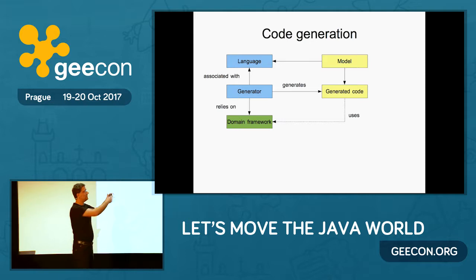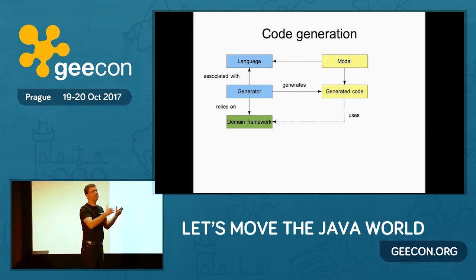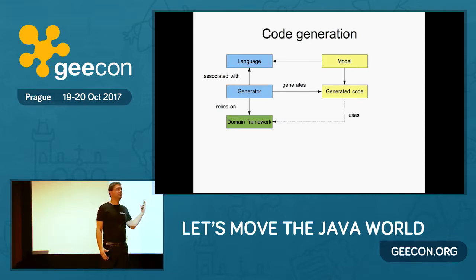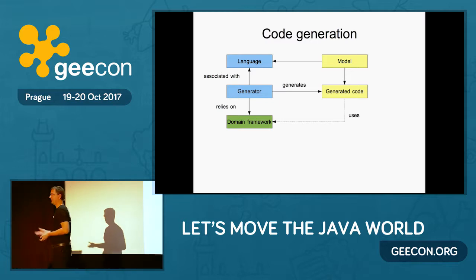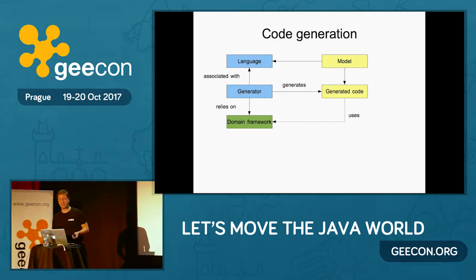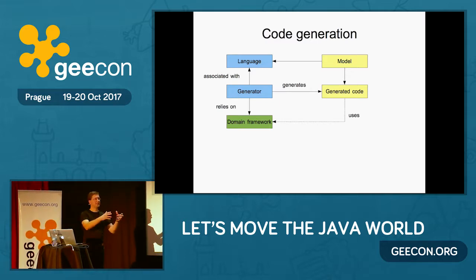Plus, there might obviously be Java classes or other code that your generated code relies on. So you're not generating all the code, but you generate code that might rely on some libraries. Like in this case, we rely on a library that takes text and generates it into audio format.